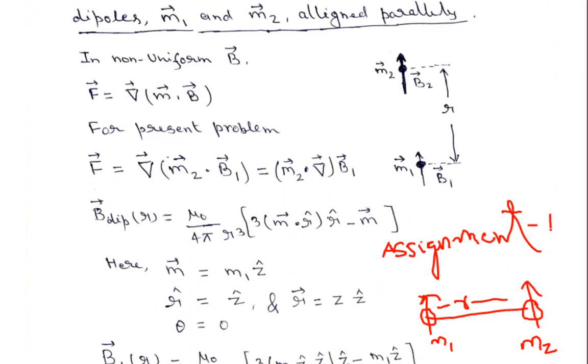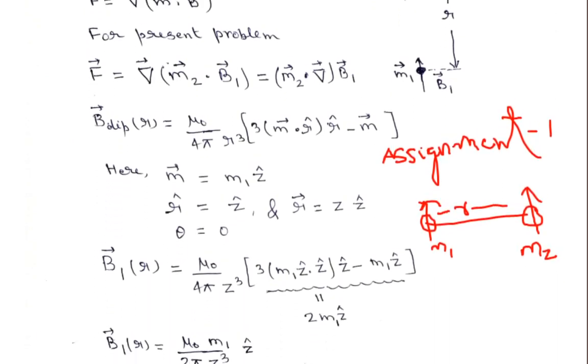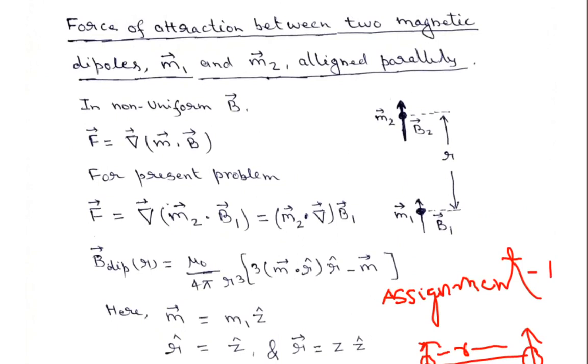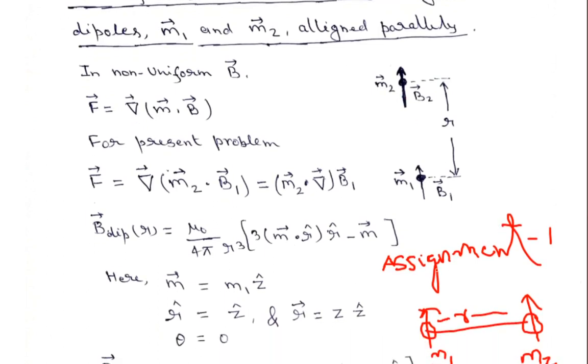This is assignment 1. For the second assignment, what is different from this problem? Here M1 is aligned into the Z direction, M2 is aligned into the Z direction, and the separation between these two dipoles was also along the Z direction.